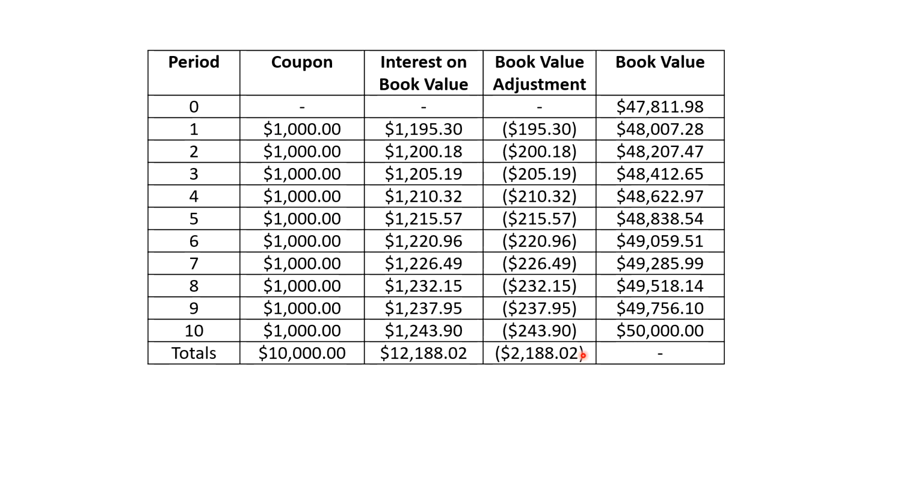So that would take into account the coupon as well as the capital gain that you make from the purchase to the redemption value.